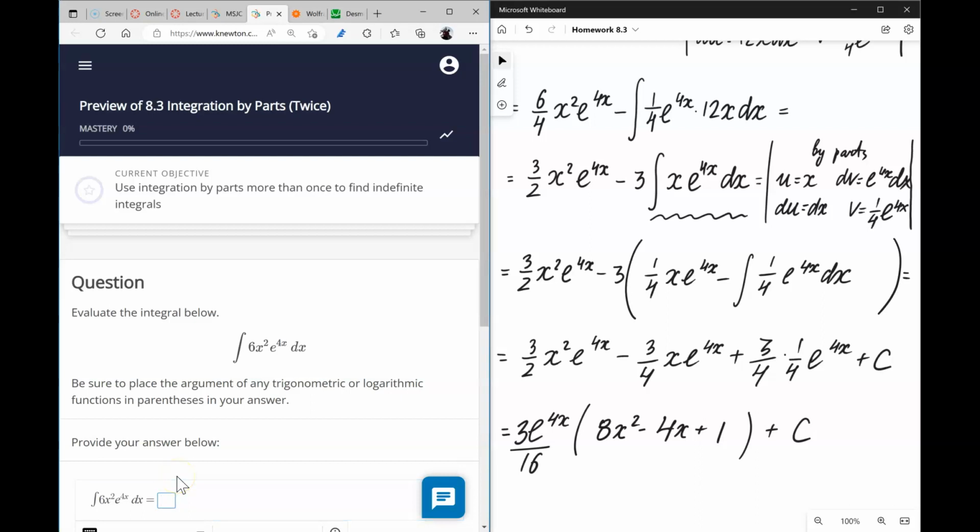So we have 3/16 e to the power 4x times the polynomial 8x squared minus 4x plus 1 plus c.